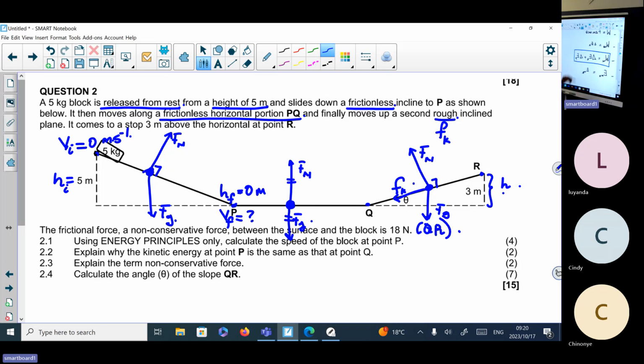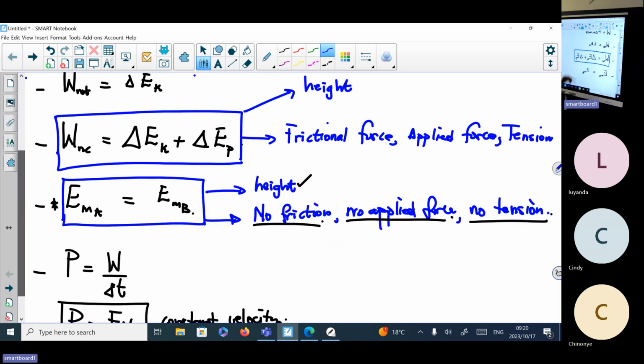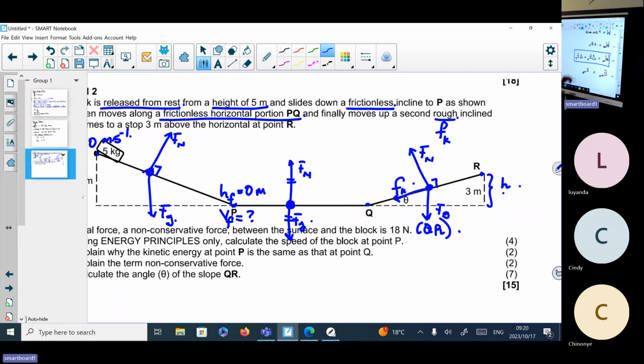There is no applied force, there is no frictional force, there is no tension force, under which we have said, when those conditions are satisfied, then mechanical energy will be conserved. And that is exactly what we're going to be doing here. Conservation of mechanical energy. That is what we're going to be applying.